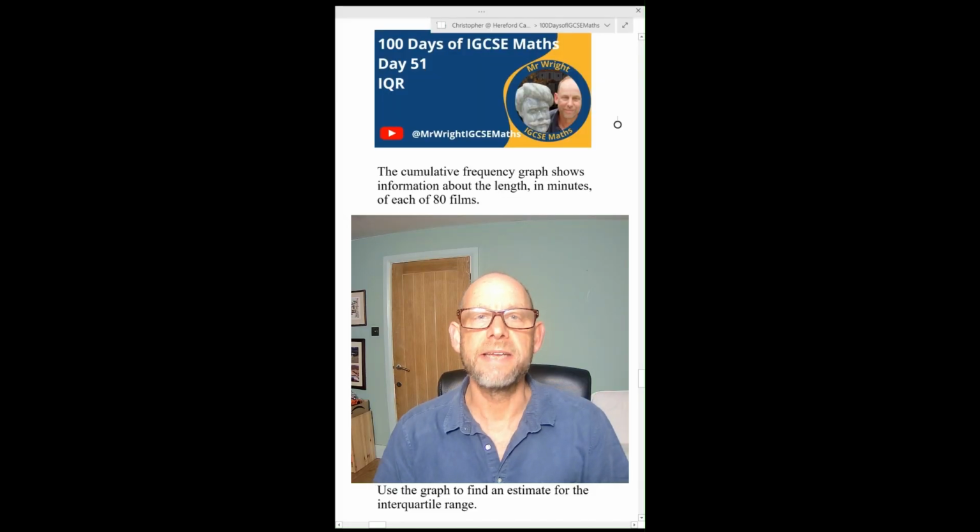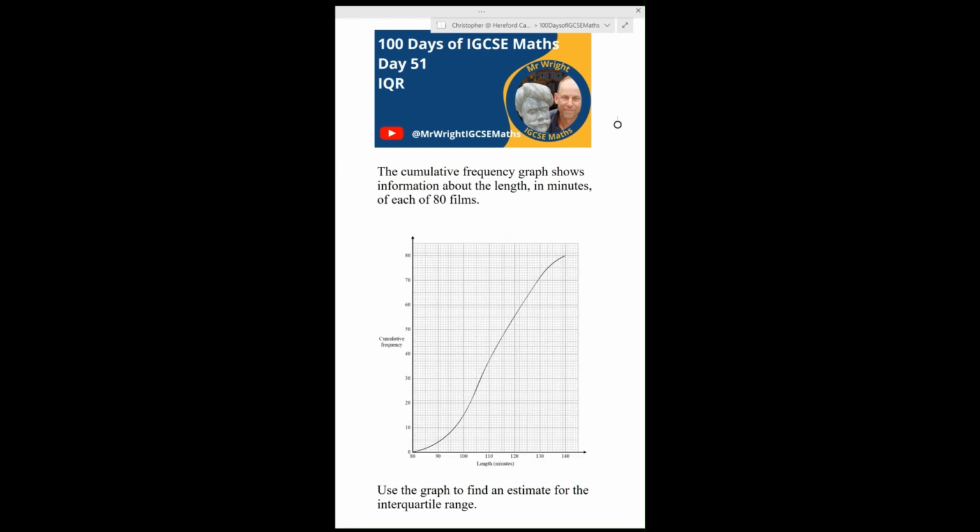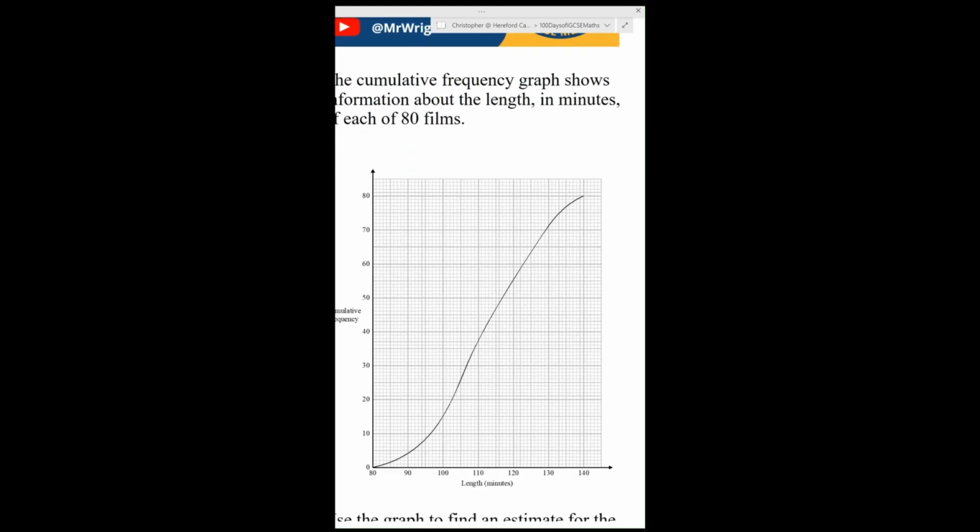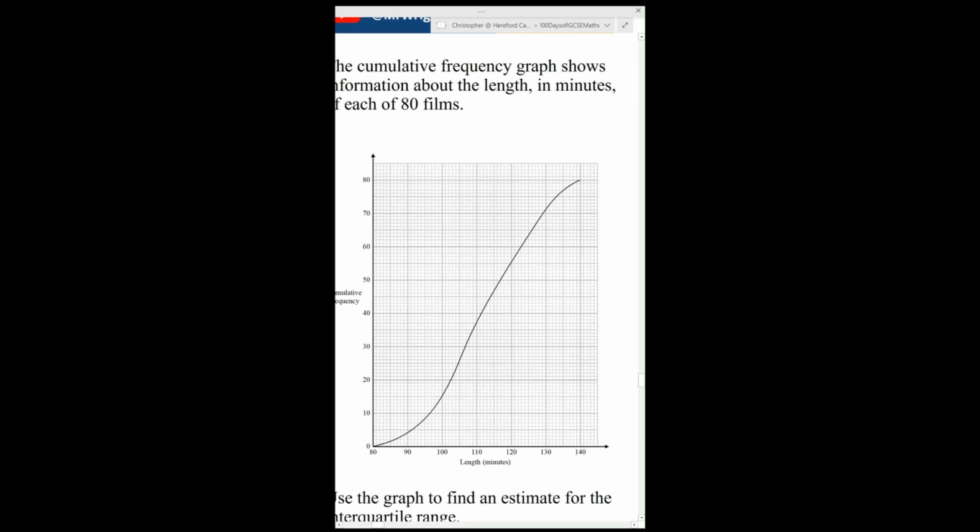Mr. Right here, day 51 of 100 days of IGCSE Maths Exam Questions. Now's your chance to pause the film if you want to do the question before I do. Now we need to find the interquartile range. I've got 80 films represented here. The median would be the length of the 40th one. Okay, so the lower quartile will be the length of the 20th film.